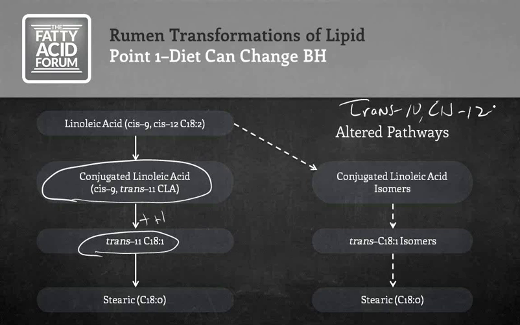That one's been shown to be one of a few that can inhibit lipogenesis in the mammary gland and cause milk fat depression. So the point here is nutritionists are in control of the direction of this pathway and the type of CLA produced. Create a diet that leads to, for instance, low pH in the rumen for an extended period of time, and you're in effect telling the microorganisms to produce more of this CLA, which has a negative consequence on milk composition, milk components.